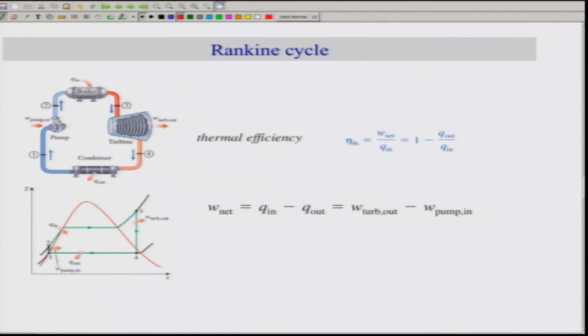The thermal efficiency is W net out divided by Q in, which based on the energy balance is 1 minus Q out by Q in. Now W net is simply Q in minus Q out, which is W turbine out minus W pump in. Based on the information available, one can plug this in and calculate the thermal efficiency of the Rankine cycle.